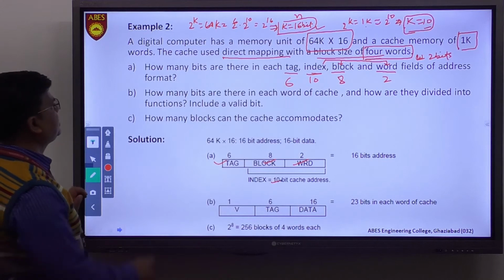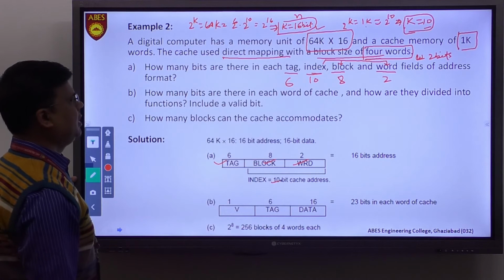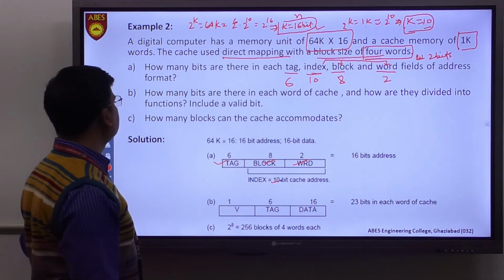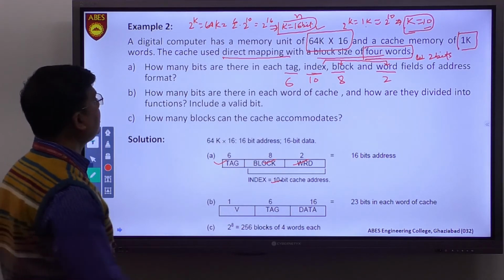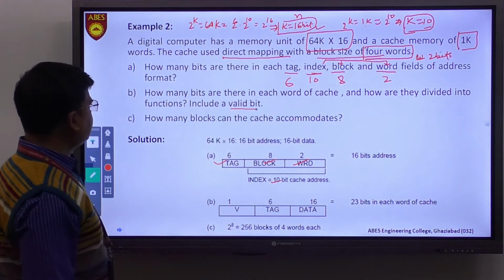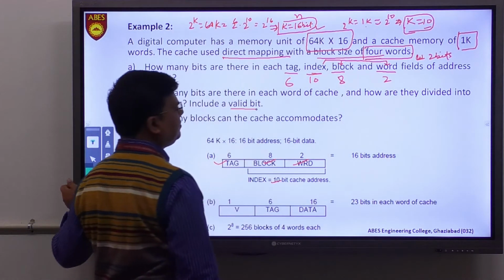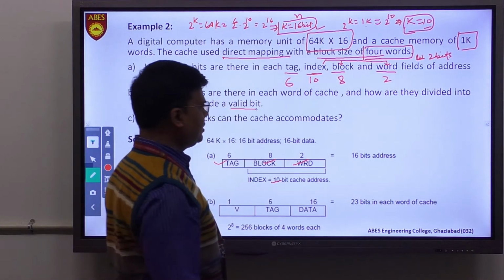Now the second question is saying how many bits are there in each word of the cache and how are they divided into functions. Include a valid bit also. Now see here, how many bits are there in each word of the cache?